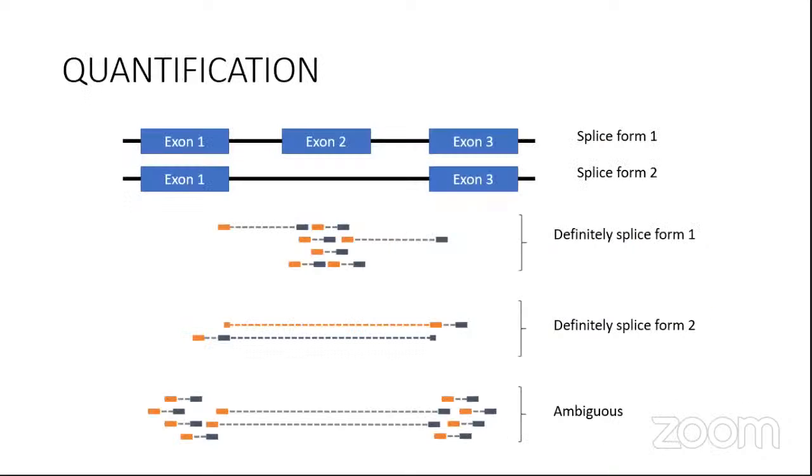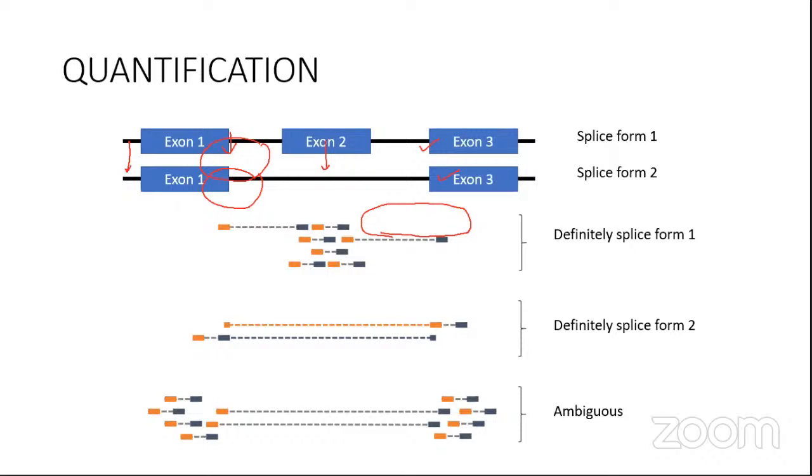Now, quantification. When we would like to quantify our transcripts, how can we do it? Suppose this is my exon 1, this is my exon 3, and this is my exon 2. This is my first splice form, and this is my second splice form, where exon 2 is not there.